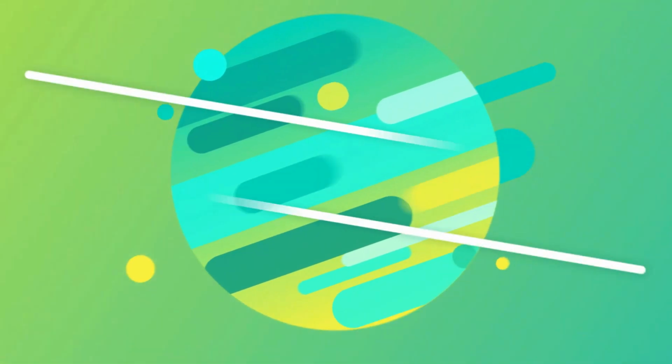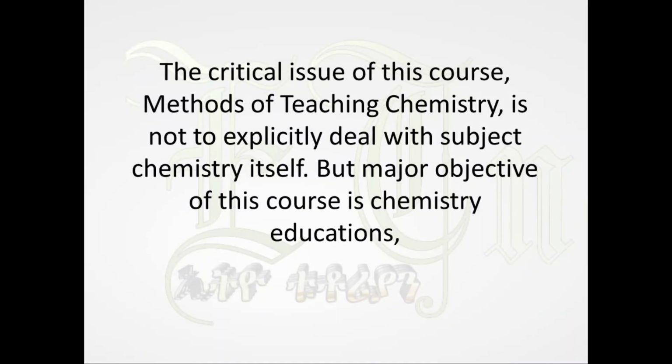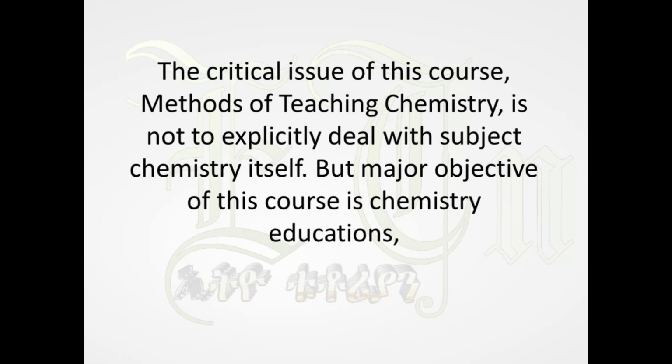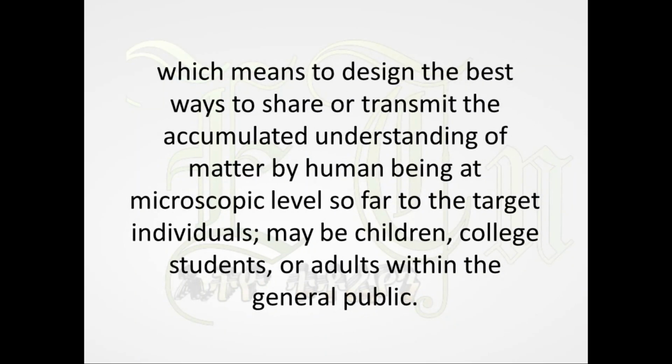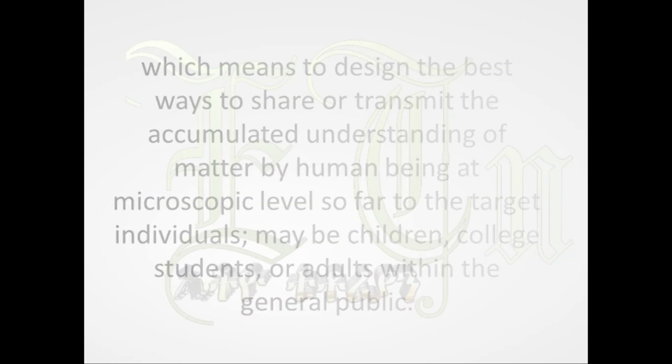The critical issue of this course, methods of teaching chemistry, is not to explicitly deal with the subject of chemistry itself, but the major objective of this course is chemistry education, which means to design the best ways to share or transmit the accumulated understanding of matter by human beings at the microscopic level so far to the target individuals, maybe children, college students, or adults within the general public.